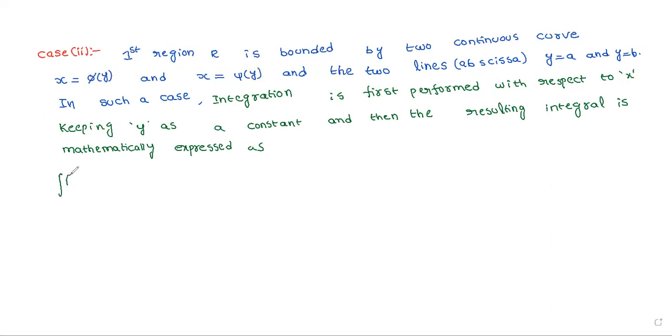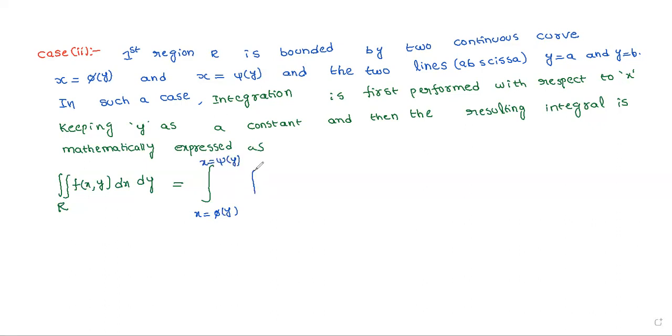double integration of f of x comma y dx dy is equal to the integration x equal to pi of y and x equal to psi of y.